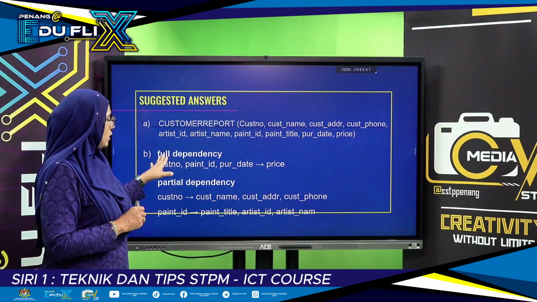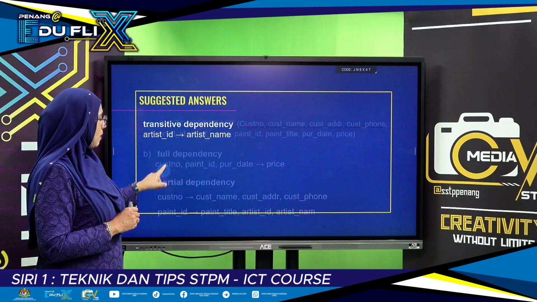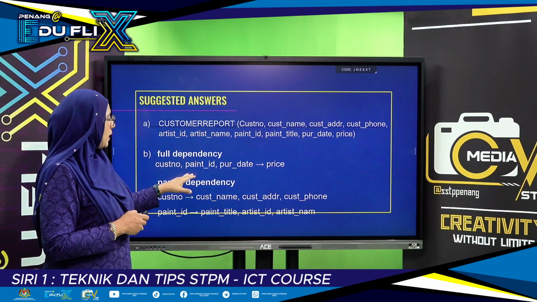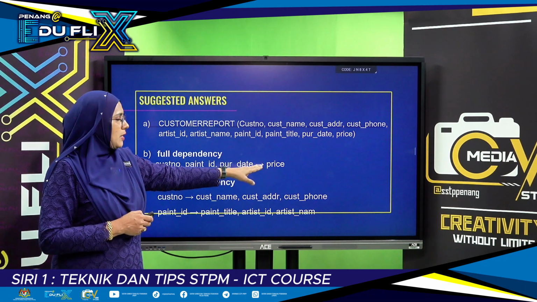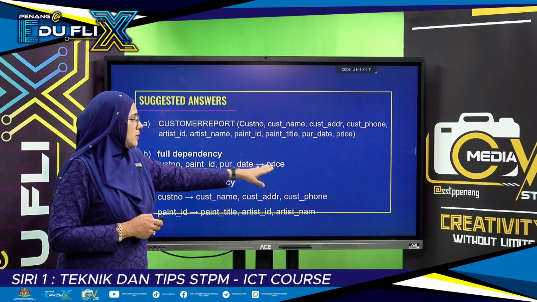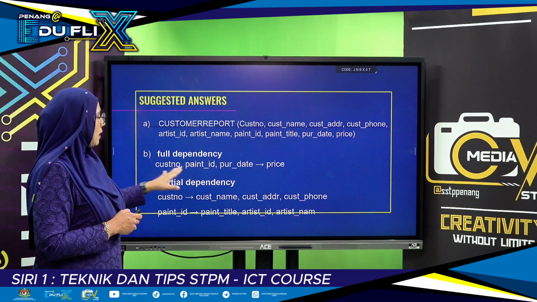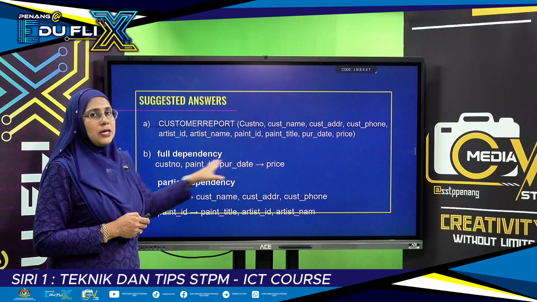So for full, usually you will have more than one primary key like this. Customer number, paint ID, purchase date will determine the price. The price is given based on this day, this paint, and for this customer. That's why it is full functional dependency.